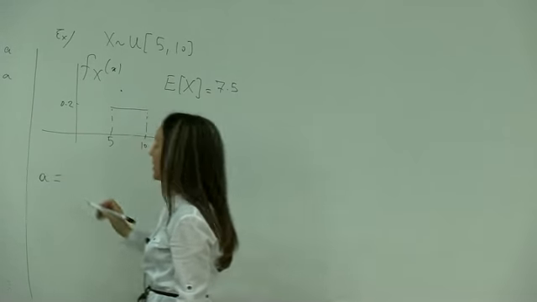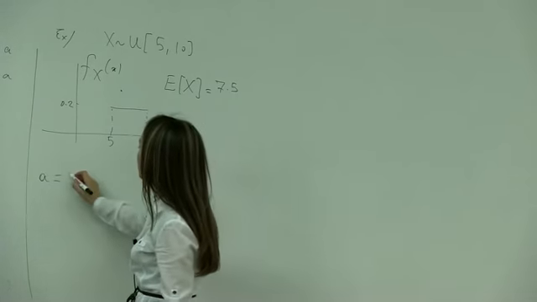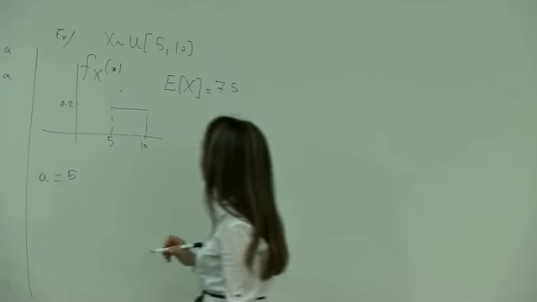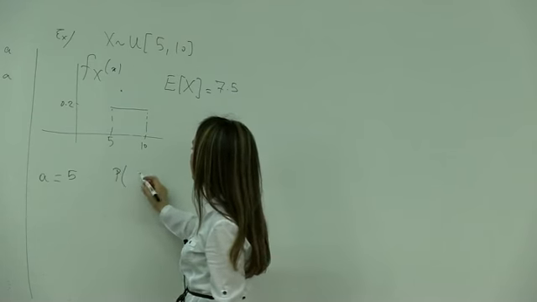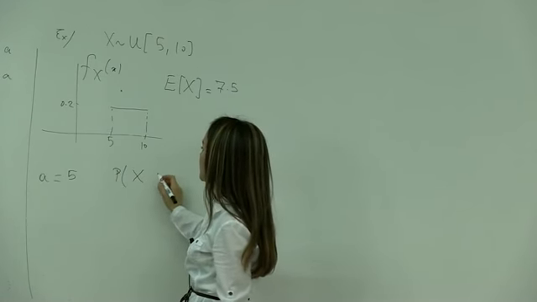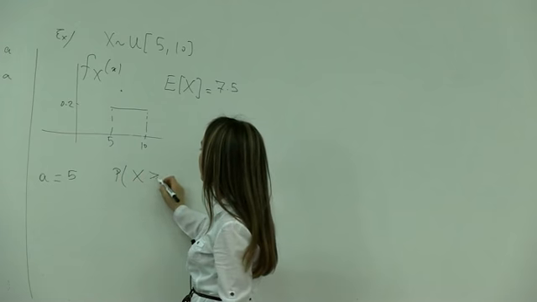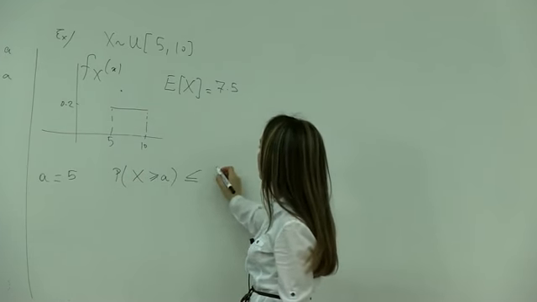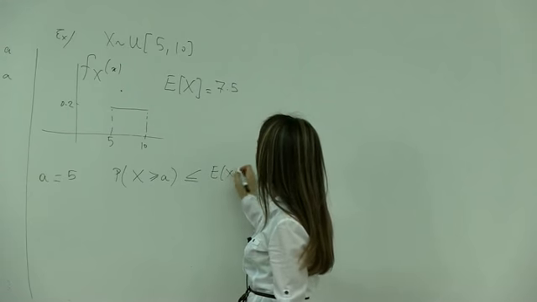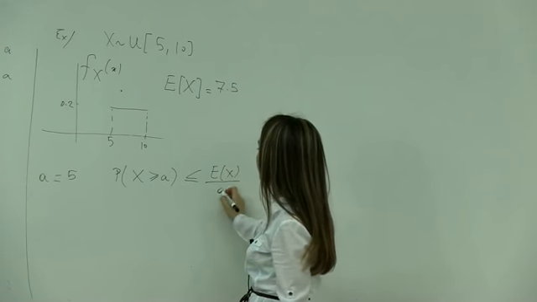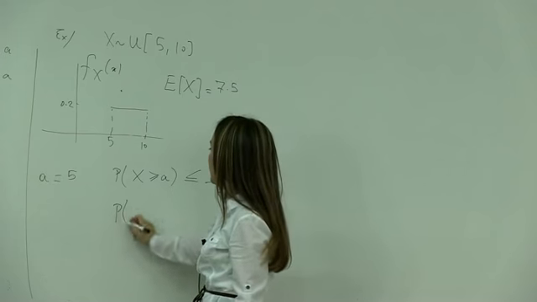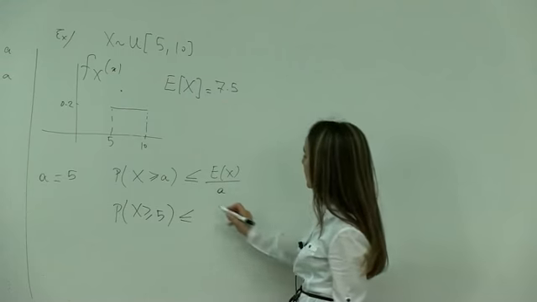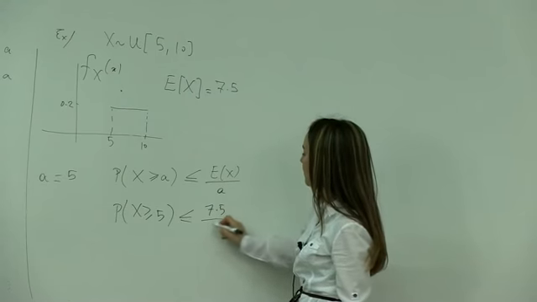Okay. So now let's try our Markov inequality for different values of a. Suppose a is, I don't know, set a to 5. We can do this, right? A is 5. So the probability that x is bigger than or equal to a must be upper bounded by the expectation of x divided by a. So in this case, the probability that x is bigger than or equal to 5 is less than or equal to 7.5 divided by 5.